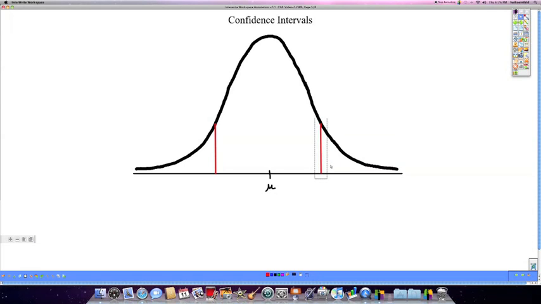We are basically looking at an 86.9% area that is centered on the theoretical population mean. That would be the mean that is right there in the center of the population. And we consider this 86.9%, like I said, to be right in the center.